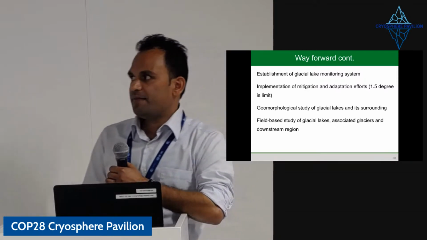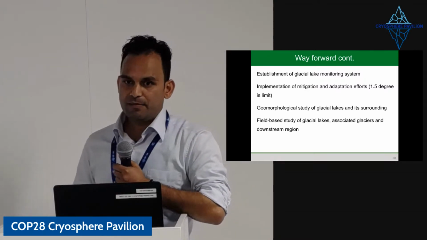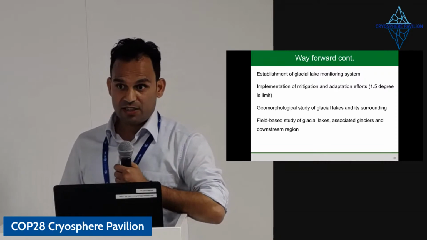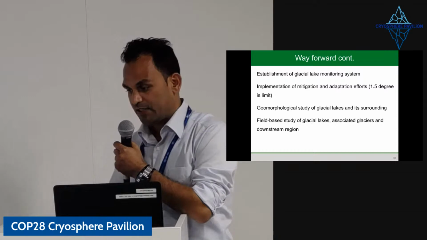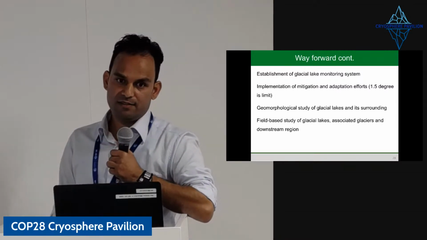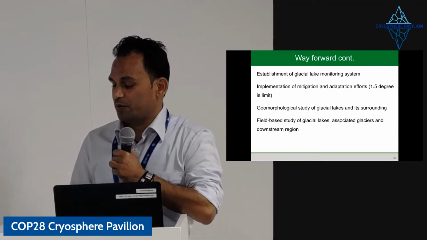In this particular study of mine, it is not included, but there are some studies that have done some modeling of how far water can reach once a glacial lake has burst.